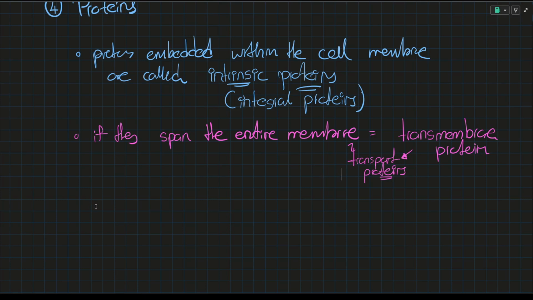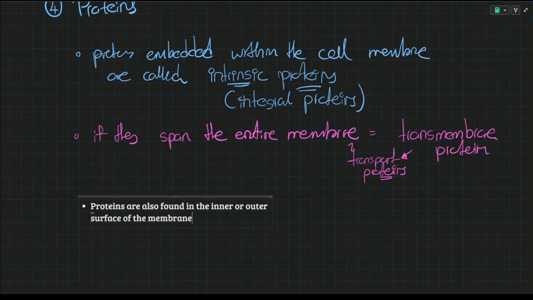So on the contradicting statement to the first one, I can say something like this. Proteins are also found in the inner or outer surface of the membrane. These are known as extrinsic or peripheral proteins.